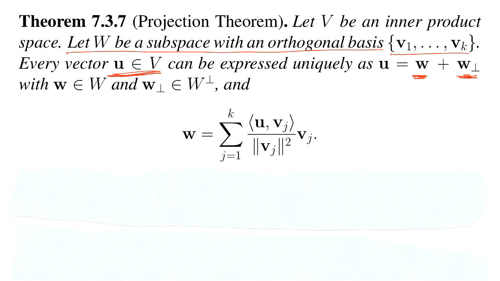Remember, W perp is just the set of all the vectors that are orthogonal to all the vectors in W. Right? And moreover, the thing that lives in W looks exactly like this. Okay? So this is what we want to prove. This is the projection theorem.